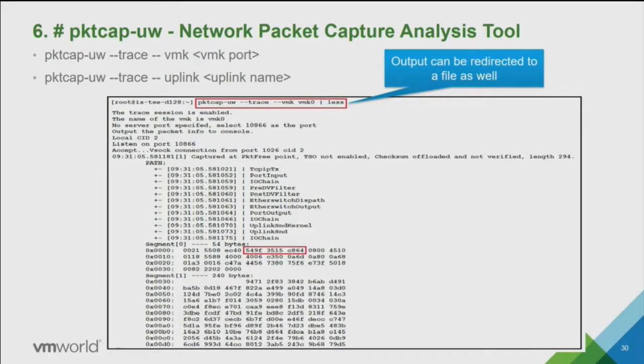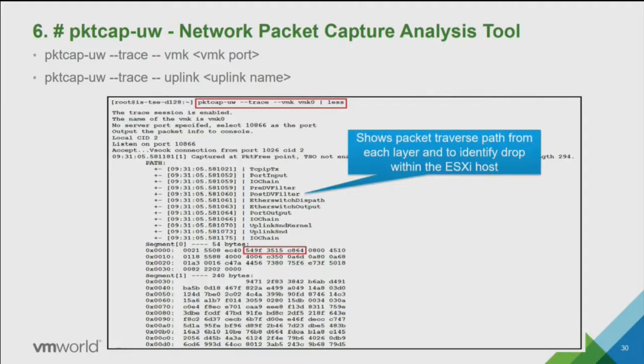Now, if you look at more detailed information about the trace itself, you actually see the packet traversing path. If you see the packet, it's moving from TCP/IP transmit, going to the port input, the I/O chain and the DV filter and everything, and then at last I see the uplink send, which means that the uplink has sent it, and then it is completing the I/O chain node.